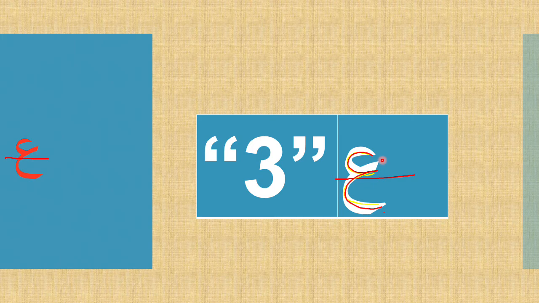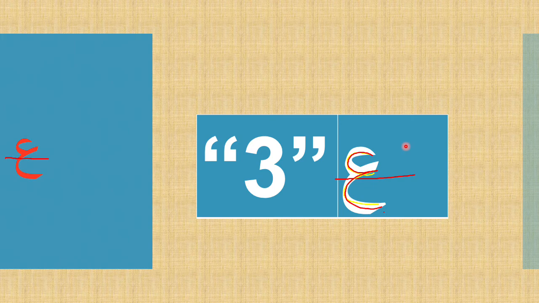And to make this sound, you don't block the air like you did with Hamza. With Hamza, you block the air in the glottis, and with Ain, you make a continuant, which means that you push the air through continuously. So for example, if you wanted to say the word Arabi, it's not a where you block the air.